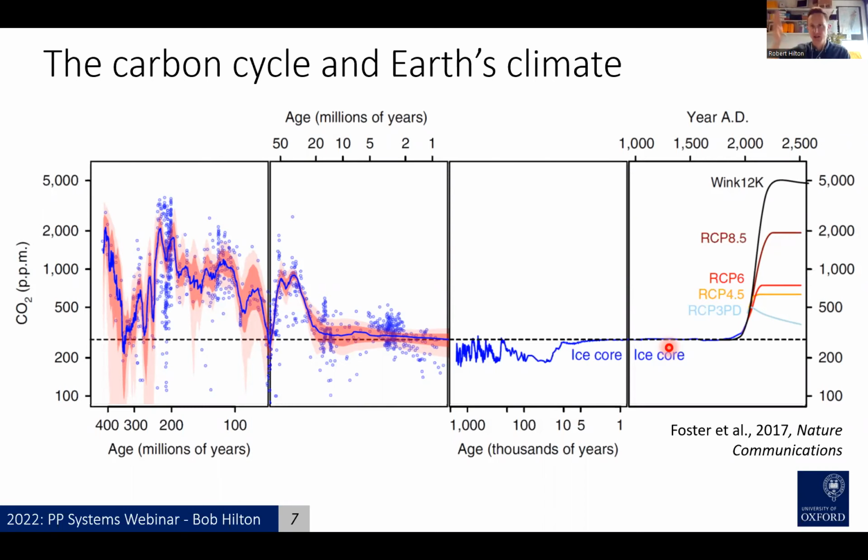This is causing CO2 concentrations in the atmosphere to increase, on the right-hand side. So the geological carbon cycle and knowledge of natural processes can help to inform us about where we're heading. That's one reason we do this type of research.